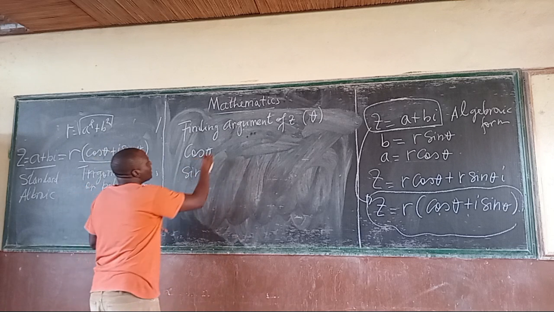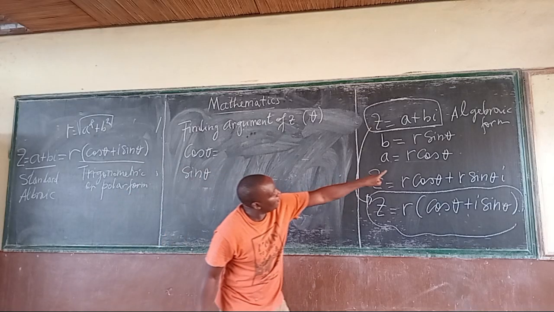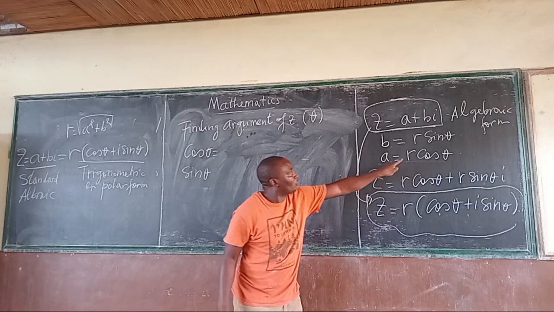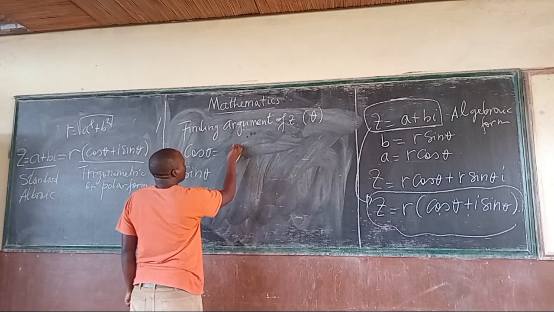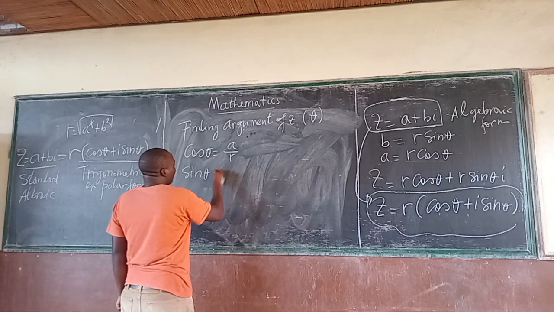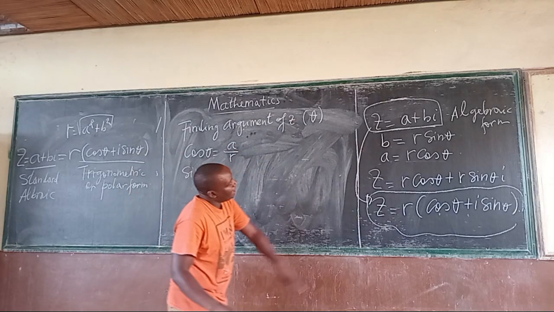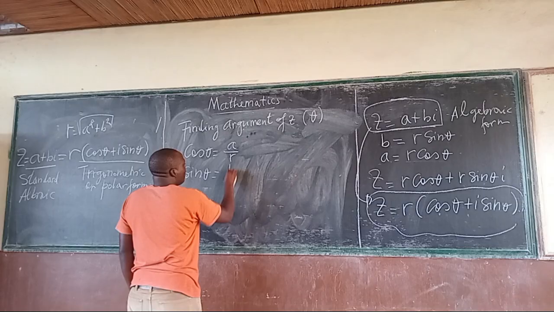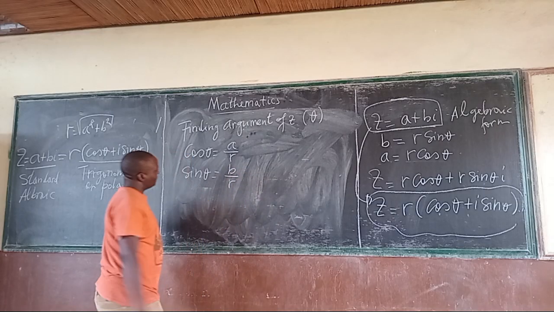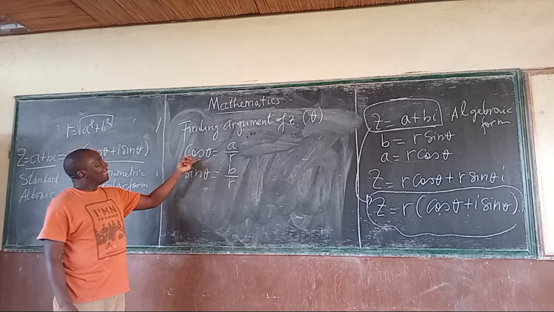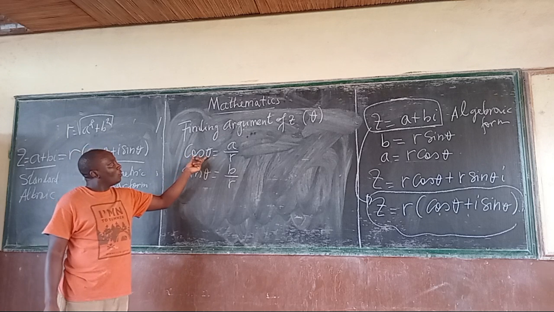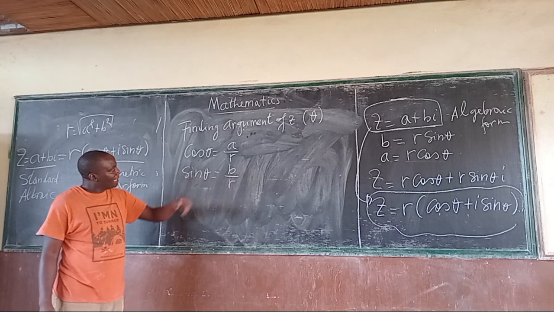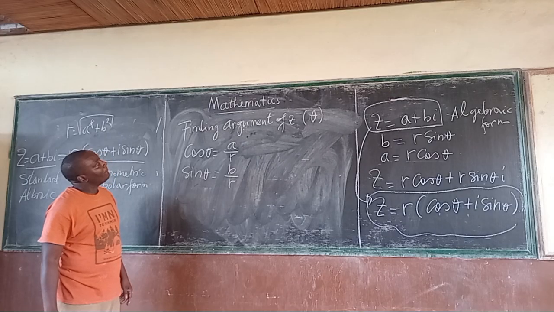As you know, the cosine of an angle theta is the real part, A, out of the radius R. Then the sine of the angle theta is the imaginary part, B, out of R. As you see, I get the sine and the cosine of the angle for my given complex number.